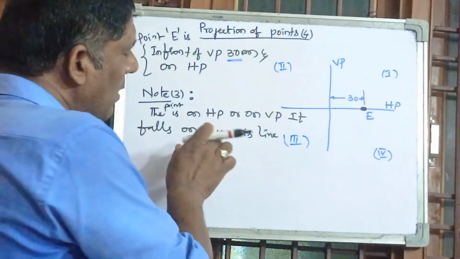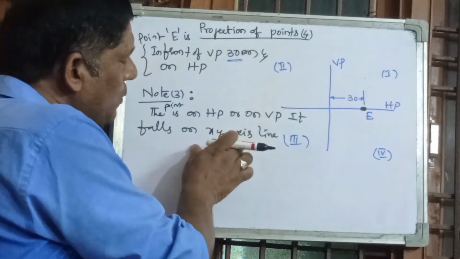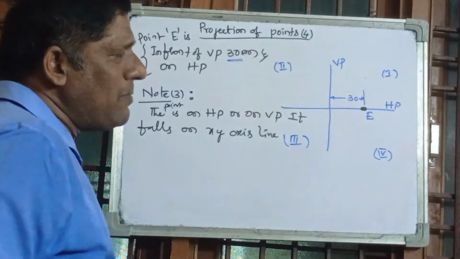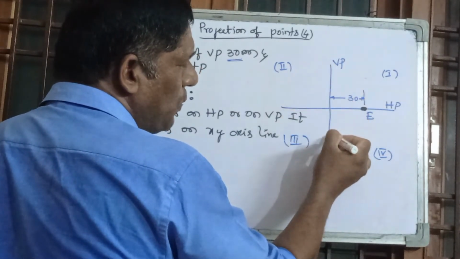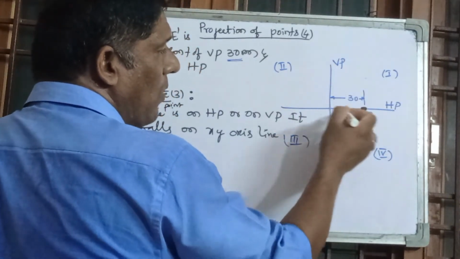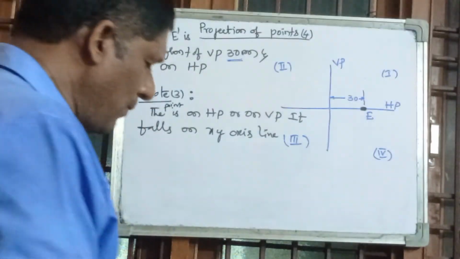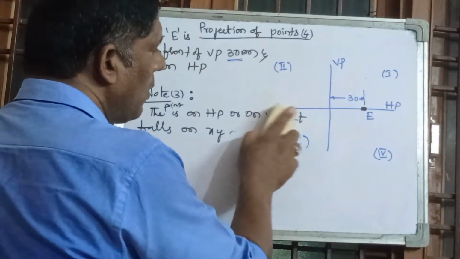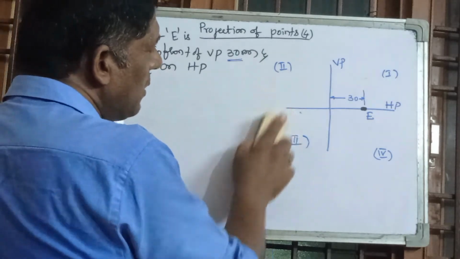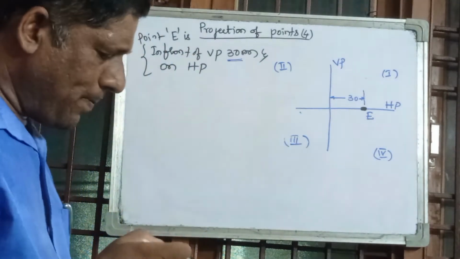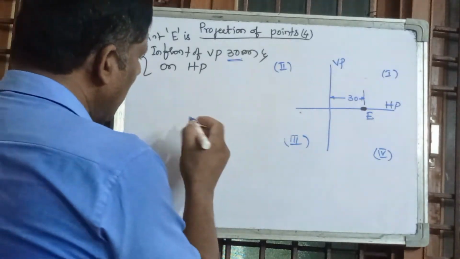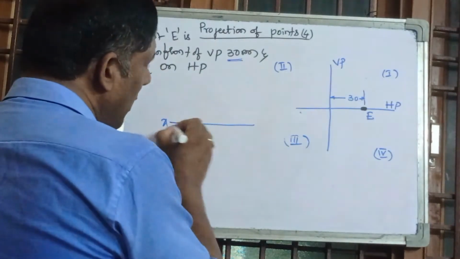You must remember this and note down this point. It falls on the XY axis line means what? Suppose the point is there here or here, on HP or on VP, whatever it may be, it falls on the XY axis line. How? That we will see now. So we go for the solution for this, then easily we can identify. You will get the idea.